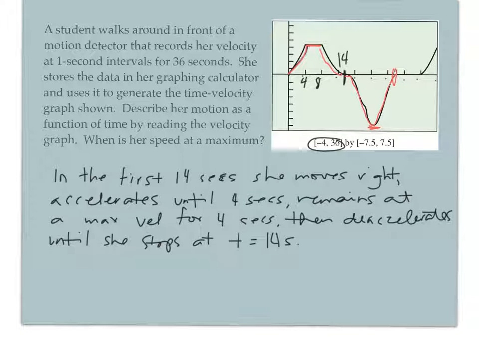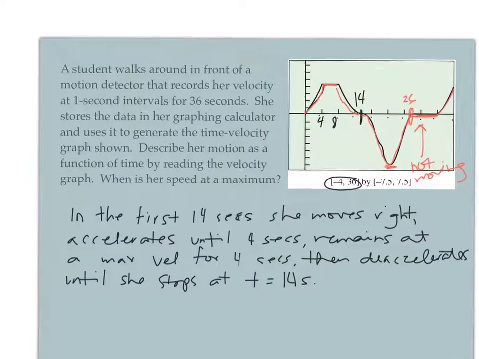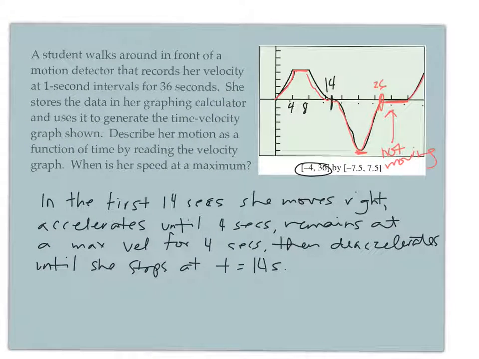That's 16, 20, 24, that looks like 26 or so. So you write the same thing: she's going left, she accelerates and decelerates until 26 seconds. And then after that, what's happening right here? She's not moving. Is that completely flat there? Yeah. And then she goes right again, quite quickly, accelerating. You write all that down, if you had to.